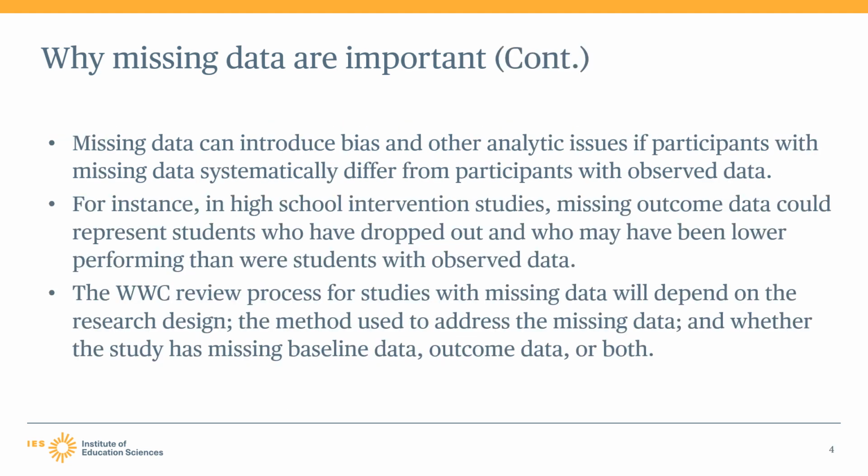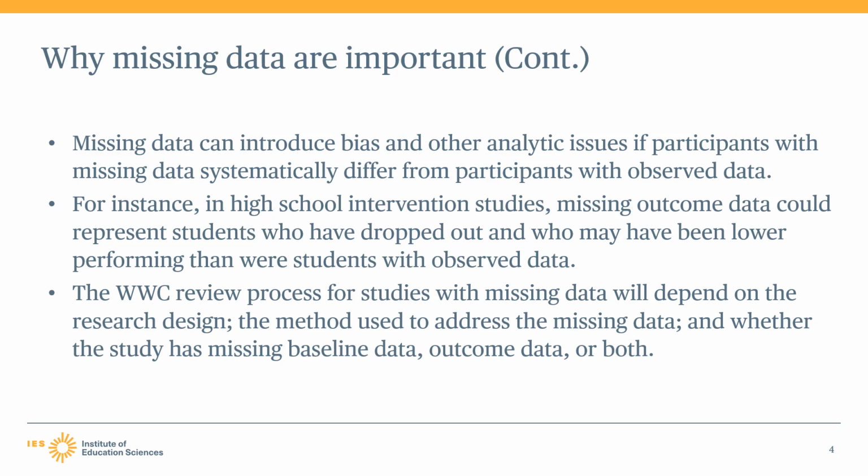So why does the WWC care about missing data, and how researchers handle it in group design studies? Missing data can introduce bias and other analytic issues if participants with missing data systematically differ from those with observed data. For example, consider research studies examining the effectiveness of high school dropout prevention programs.